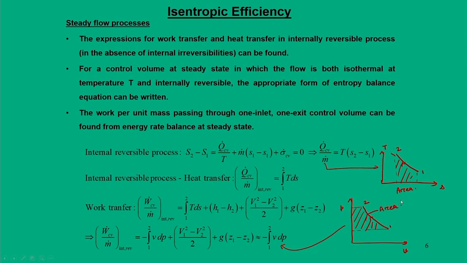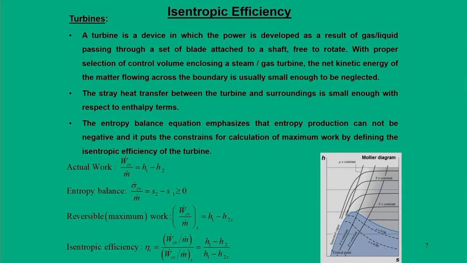So, this is the practical significance of the work transfer term and heat transfer term for internally reversible processes. In fact, these two equations will be heavily used in the analysis of steady flow components.